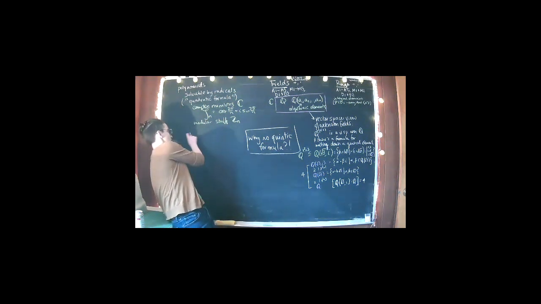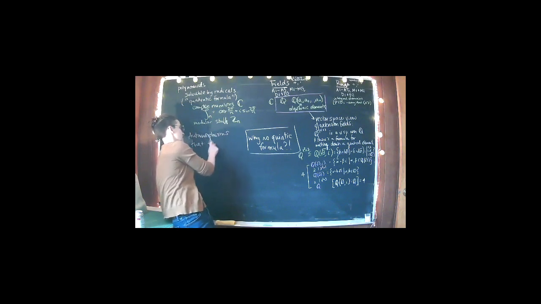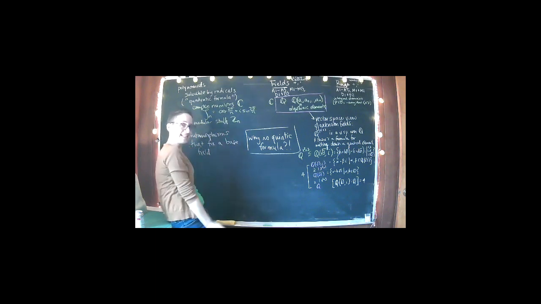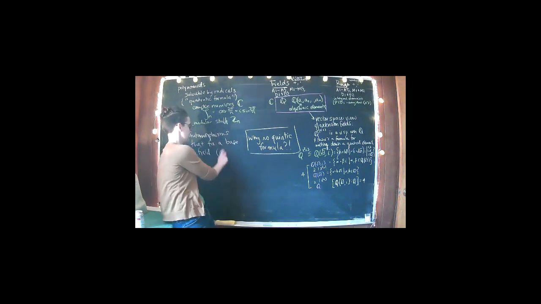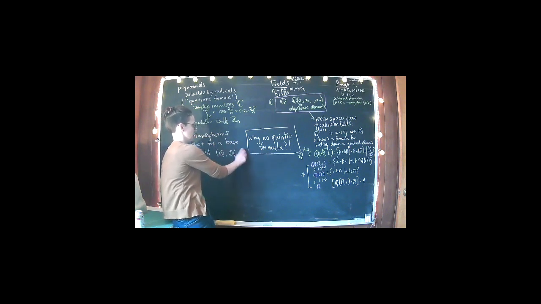We've got automorphisms that fix a base field. That tells us about how we can cycle different roots around. It tells us that if we're fixing our base field, often it's going to be Q or Q adjoin some stuff.